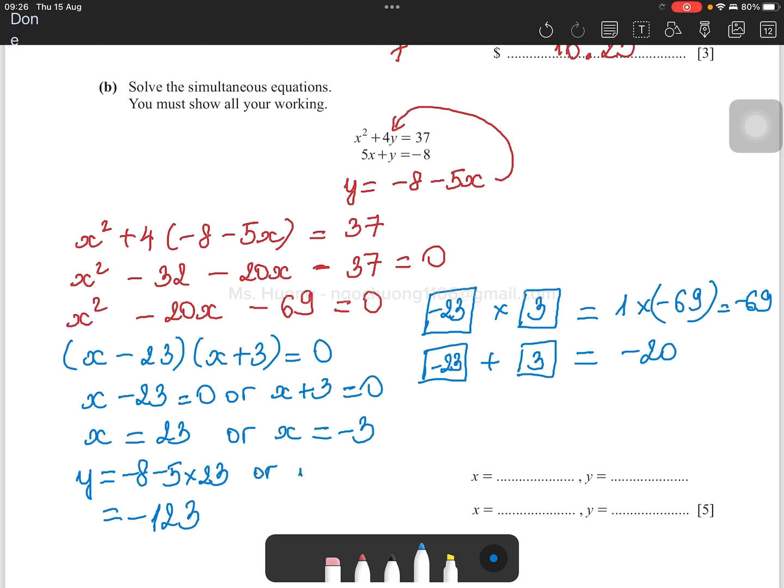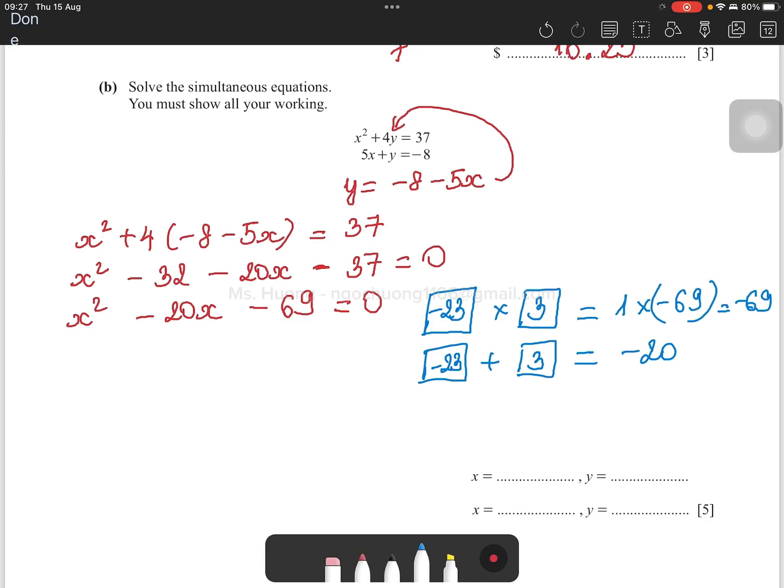And for the second value, when x is negative 3, y is negative 8 minus 5 times negative 3. So this is negative 8 plus 15, which is 7. So we have two values for x and y. When x is 23, y is negative 123. And when x is negative 3, y is 7.